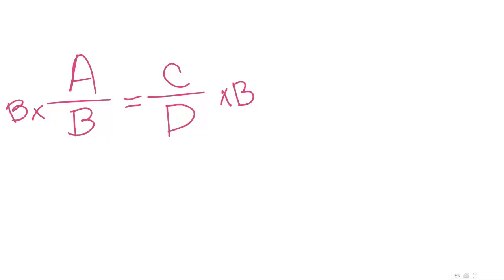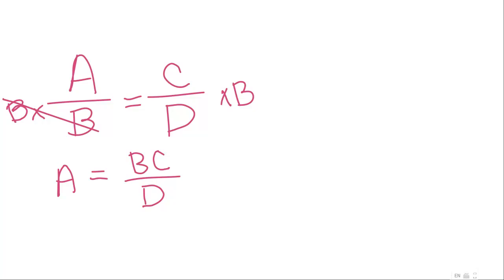What this does is transform the equation now to a equals, because these guys cancel out, and now we have a equals bc over d. Okay, how do we get rid of that d in the denominator?